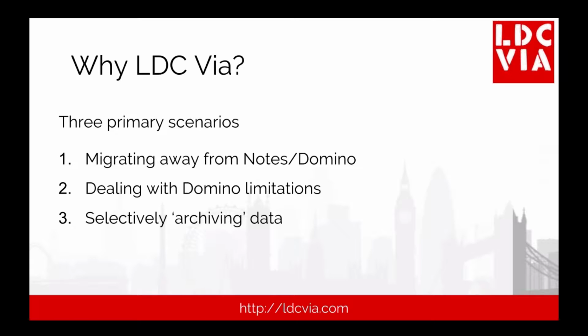And that means that users and potentially the business might lose access to important historical business records, which emails are. So moving those into LDC Via takes them off the Domino infrastructure, takes them out of the backup consideration, but makes them accessible and easily searchable. And we have some really good features specifically for email archives that we can talk about separately.